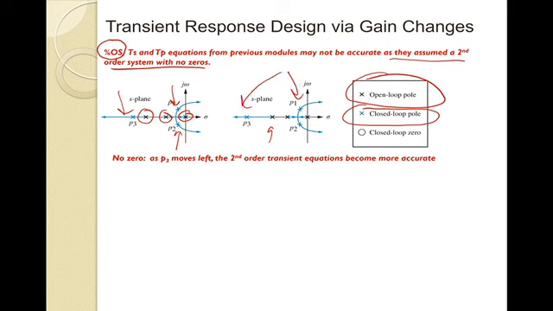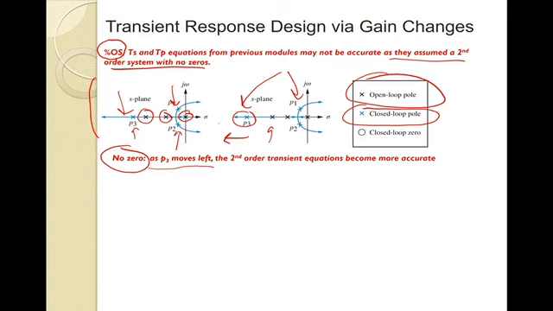In this example, we don't have any closed loop zeros as of yet. The next part down, we'll actually see that. So in this case, there are no zeros. What we'll see is P3 moves to the left as we further increase our gain.